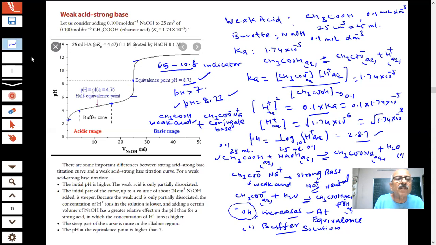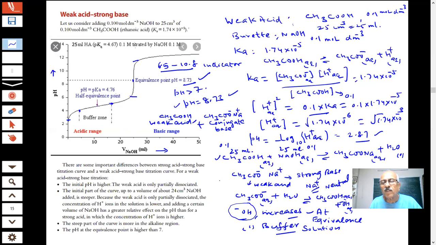So here in the graph, this was the pH and this was the volume of NaOH. What acid did I use? A weak acid. And there are two interesting things. For a weak acid, the equivalence point is higher than 7, which is around 8.73 here. And there is a buffer solution formation, which is called the buffer zone.